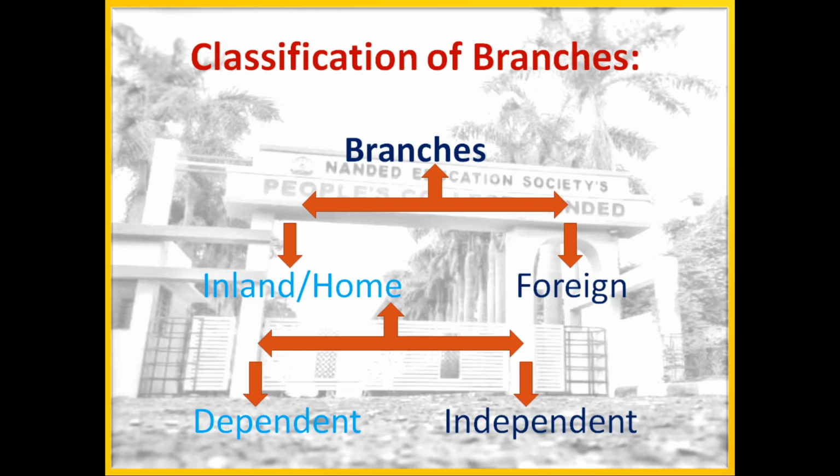Home branches and foreign branches, these are the two major categories. Foreign branches are not for our syllabus purpose. Only home branches or inland branches are for our syllabus purpose.